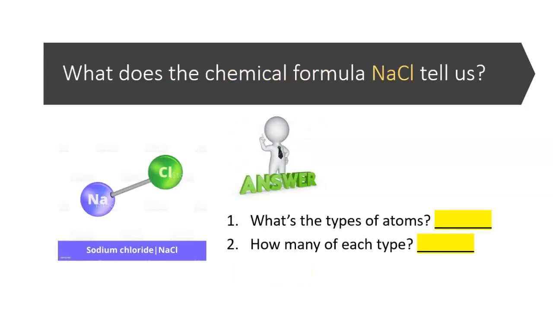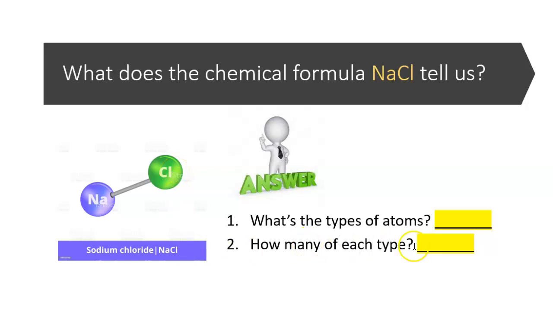Now if I asked you, what are the types of atoms in NaCl? Pause the video and think about or write down your response. Good. Hopefully you said there are 2 different types of atoms. One of the atoms in this compound is sodium and the other is chlorine.